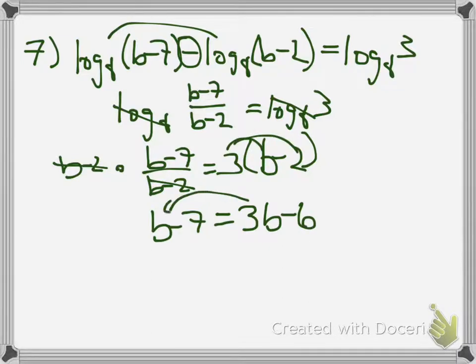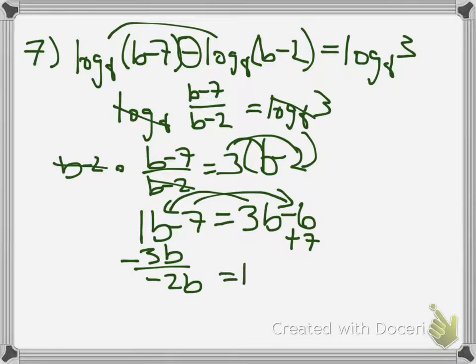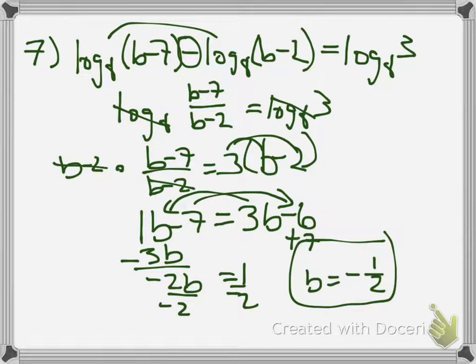Then again, variables to the left, numbers to the right. So I have b minus 3b, which is negative 2b. Add 7 over here, and you get 1. And then you can divide by negative 2, and you get b is equal to negative 1/2. And there you go. So easy, I know.